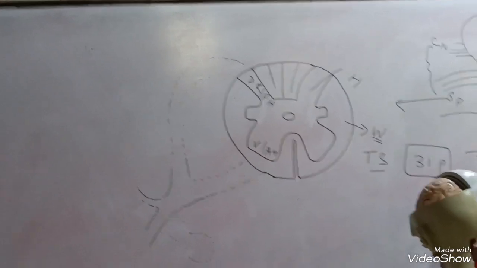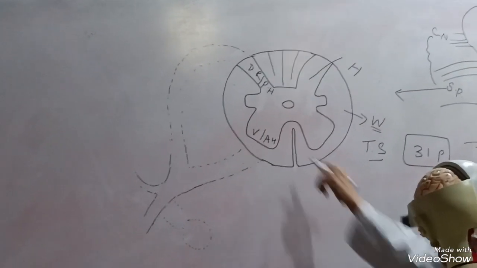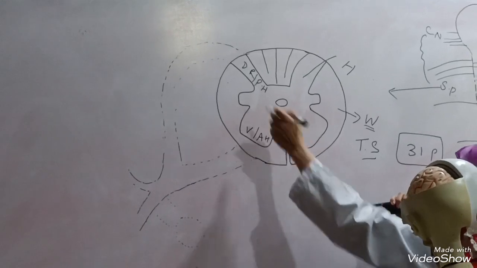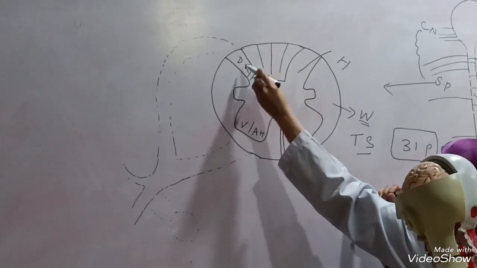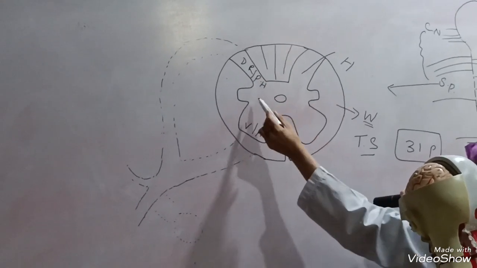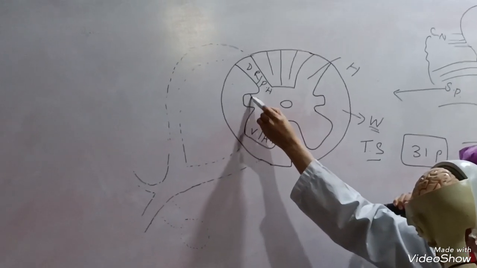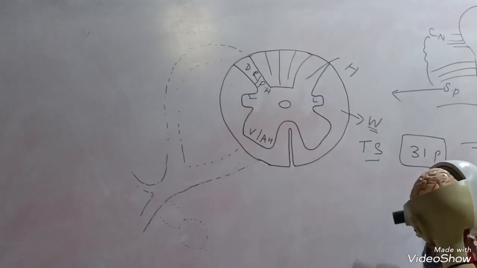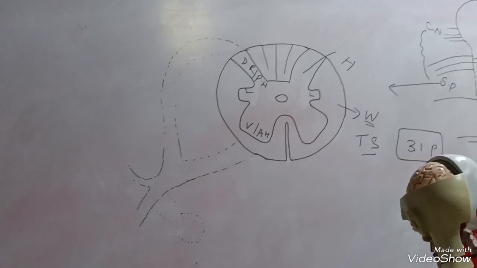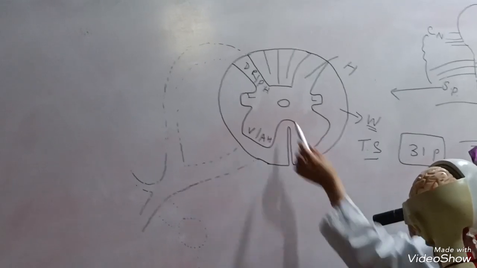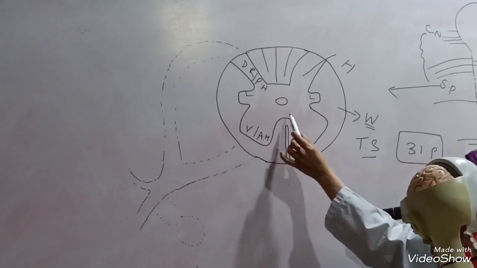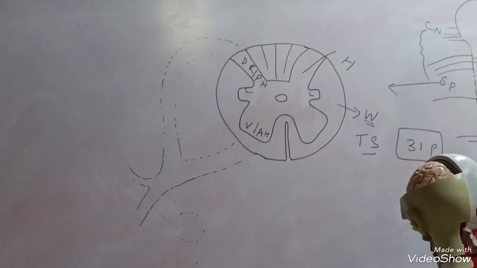You get it? It is according to the location. Anteriorly lying or ventral lying. Posteriorly lying or dorsal lying. And you can see another horn which is present on the lateral aspect. You call it the lateral grey horn, right? So this is how you observe the grey matter in the spinal cord.